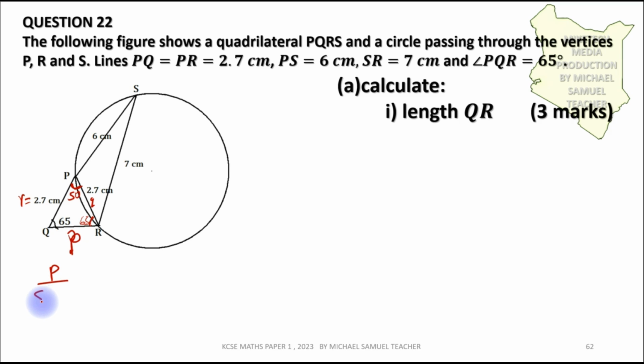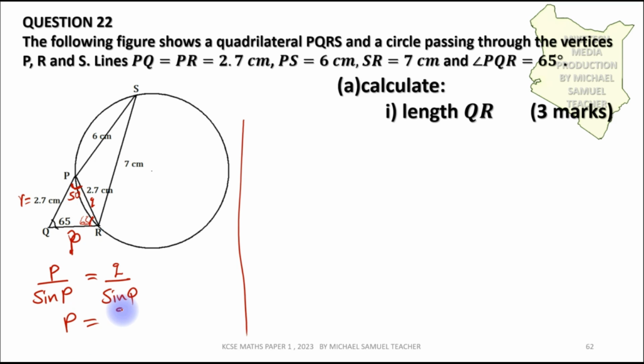So p over sine P, where p is the side and P is the angle. We have the other known values, the angle at Q and side q over sine Q. We don't know p, and that's what we are after.